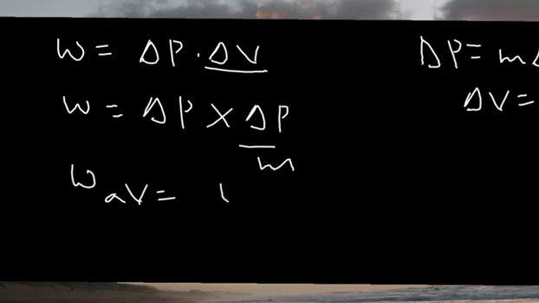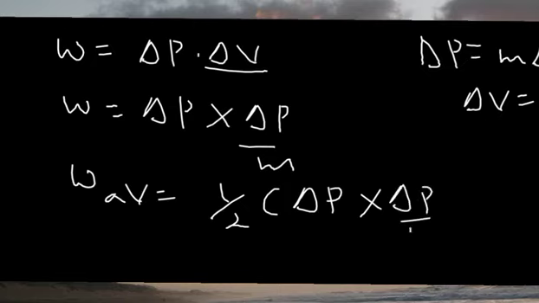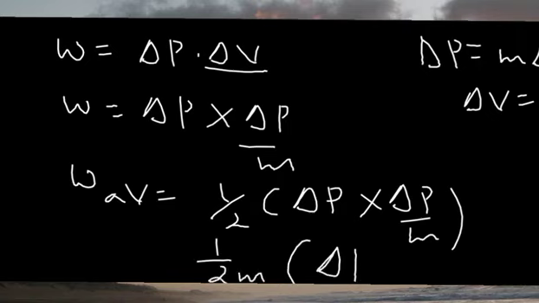which is equal to 1/2 change in momentum times change in momentum over m. This means 1/2 m, change in momentum the whole square, which is 1/2 m into momentum final square minus momentum initial square.